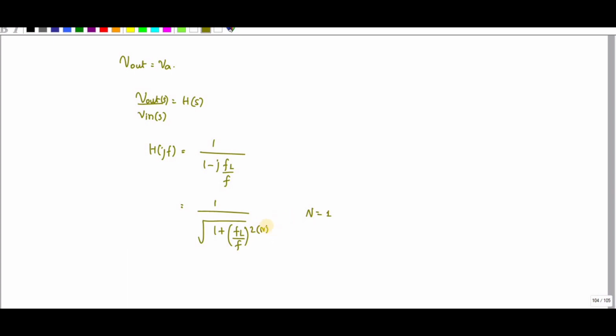Here the n value is 1, so it is a first order, that is, the number of poles is 1. You have 1 pole.